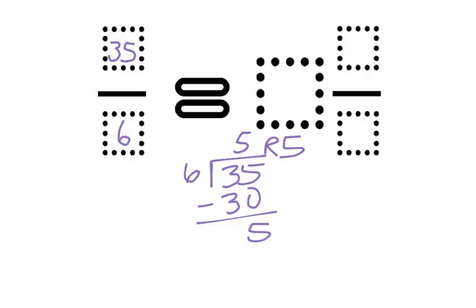All right. Hopefully you got 5 with the remainder of 5, and therefore our answer is 5 and 5/6. Almost done. Let's look at this next problem.